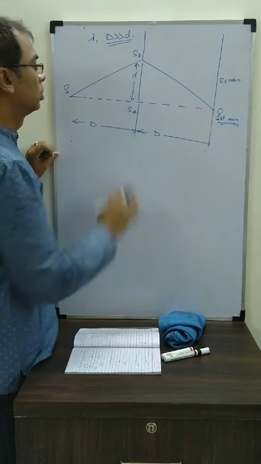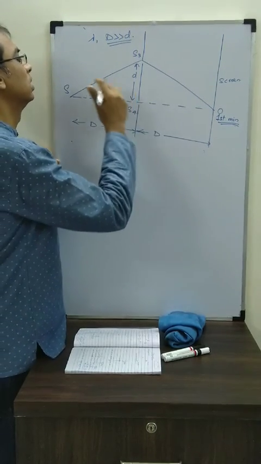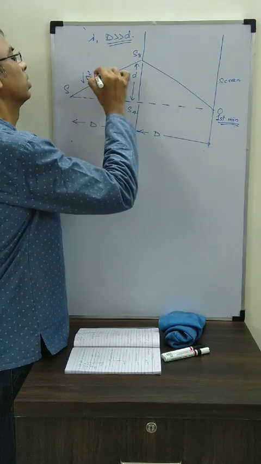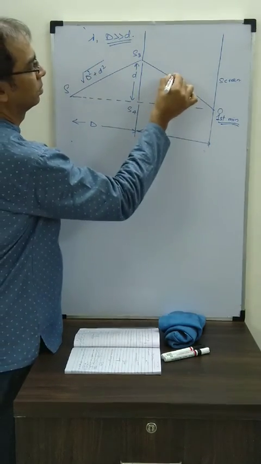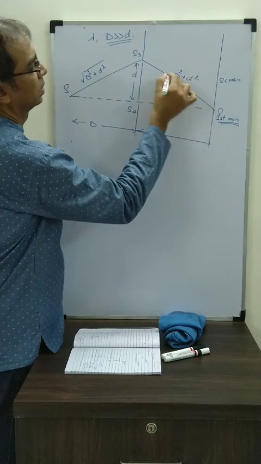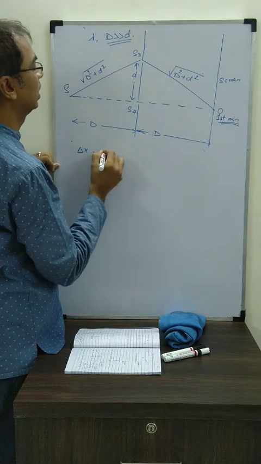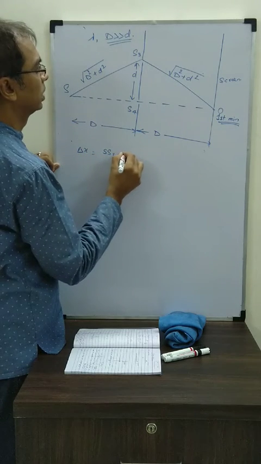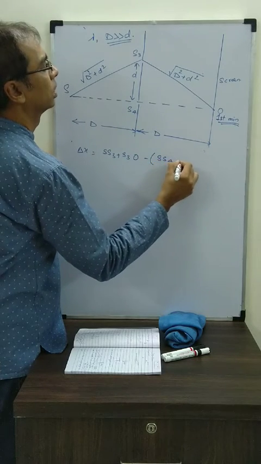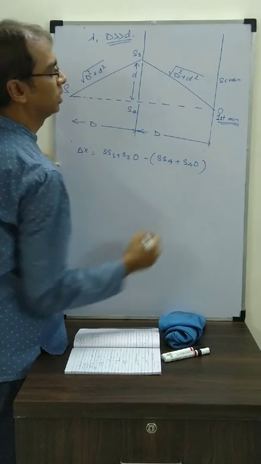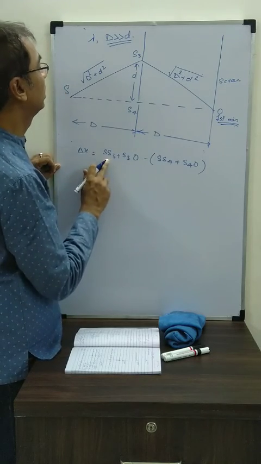Correct? So first of all let's find out what is the path difference. If this is D, this is D, and I can say this is root over D square plus d square. This is also the same. Okay, so what is the path difference? Delta x we can say SS3 plus S3O minus SS4 plus S4O. That's the path difference. Right? Then SS3, what is SS3?